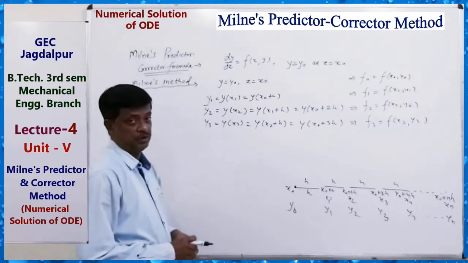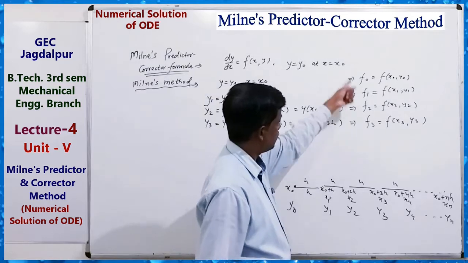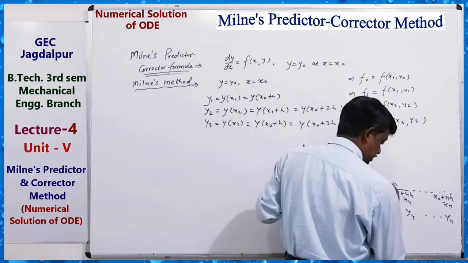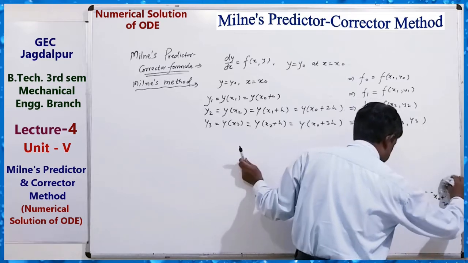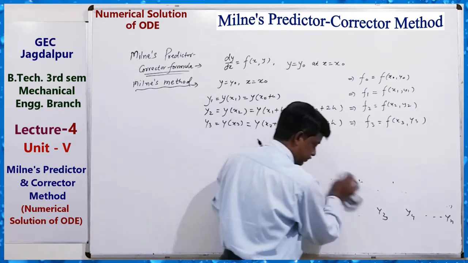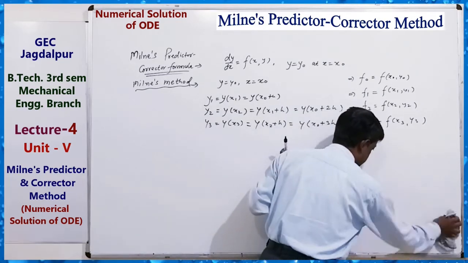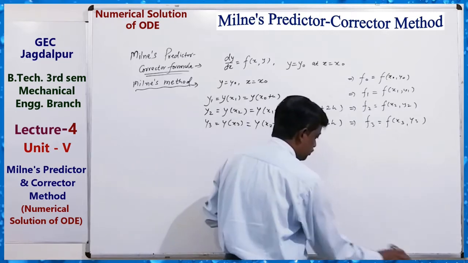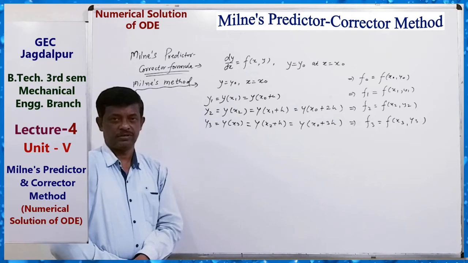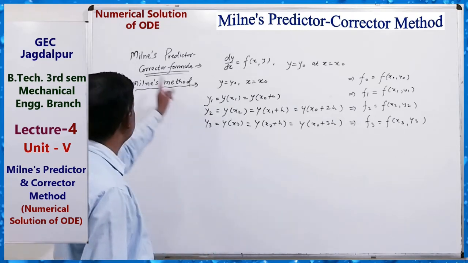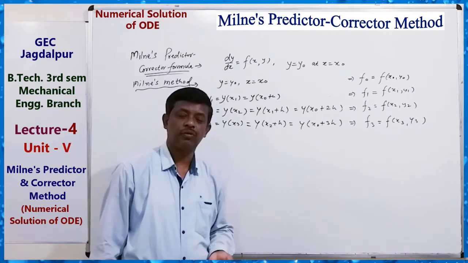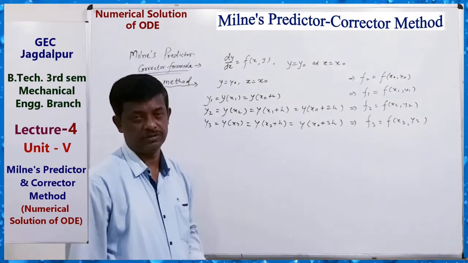Using these values, we now find the derivatives. For finding the value of y4, the next value, Newton's forward interpolation formula is used in Milne's method.